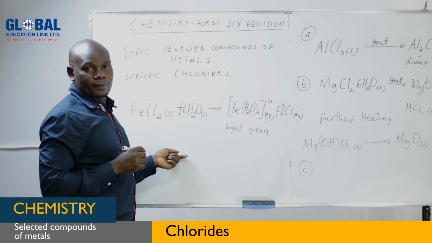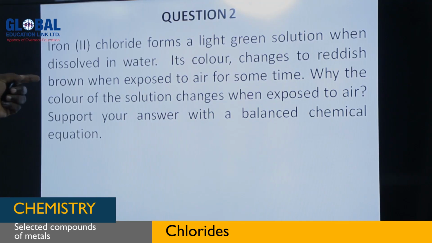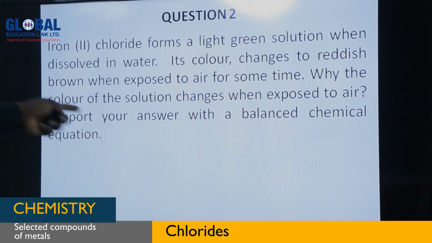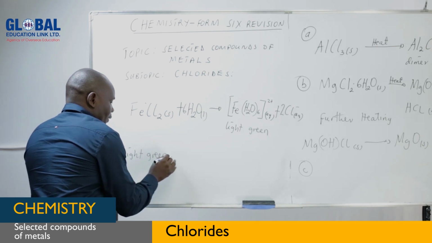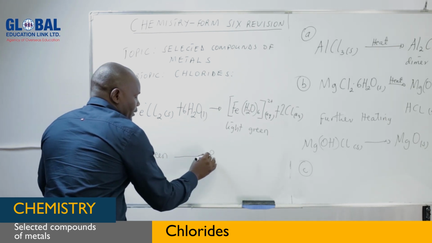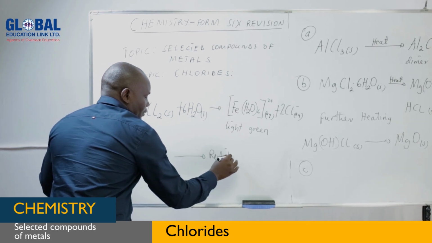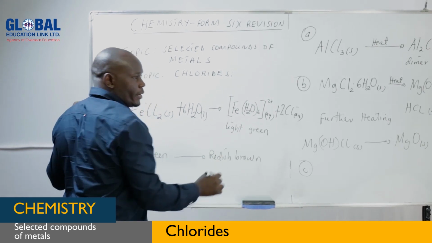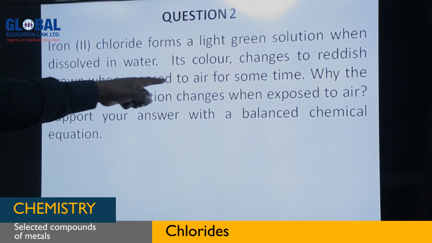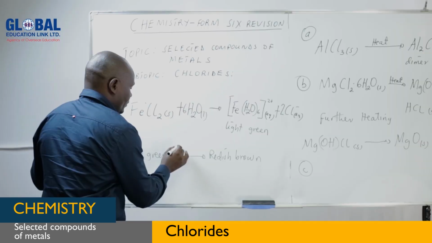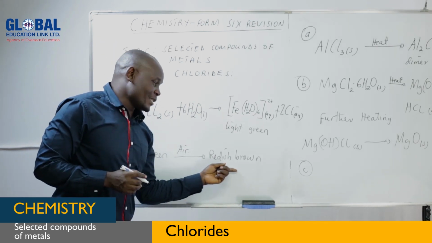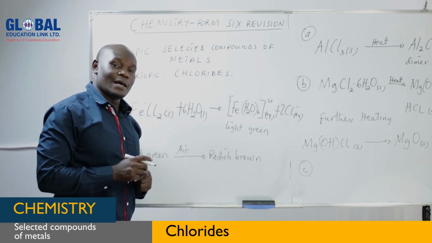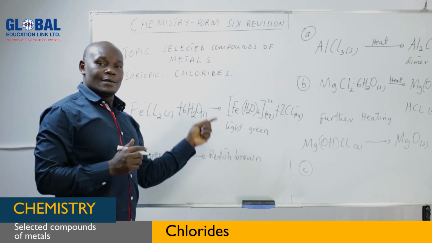But later on, we are told that its color changes to reddish brown. That means from light green to reddish brown, when exposed to air, which means that we have air here. And the reddish brown color is the color of iron 3.